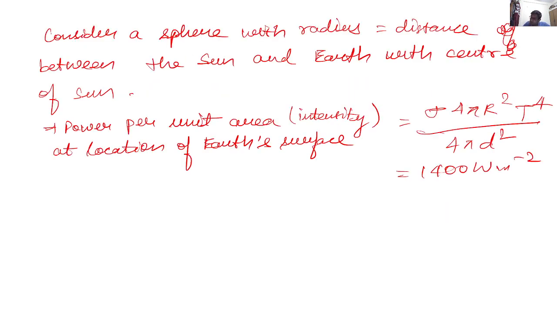Now from it, the only unknown is the temperature T. Let's find it out then. So T to the power 4 is equal to 1400 into d square by sigma R square.